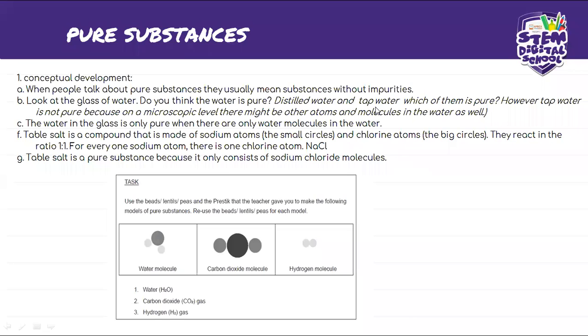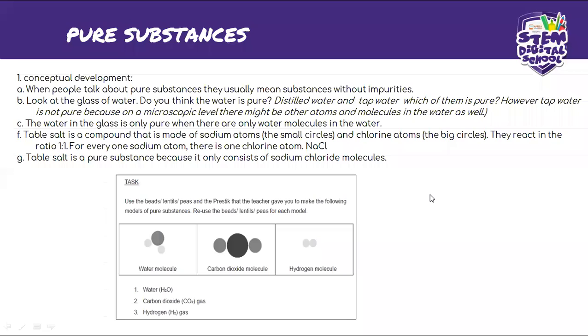All right, sure. Now let's continue. The water in the glass is only pure when there are only water molecules in the water. Table salt is a compound that is made of what? Sodium atoms, the small circles, and the chlorine atoms, the bigger circles, as we can see in the diagram. They react in the ratio of 1:1.